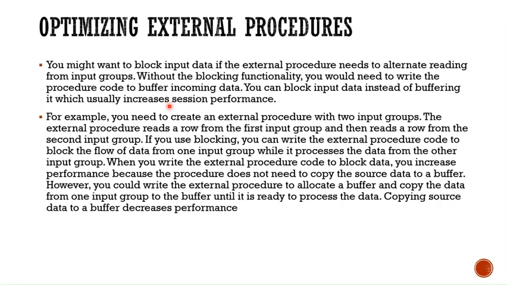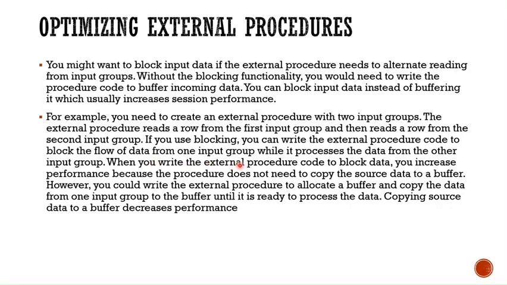For example, you need to create an external procedure with two input groups. The external procedure reads a row from the first input group, and then reads a row from the second input group. If you use blocking, you can write the external procedure code to block the flow of data from one input group while it processes the data from the other input group, correct.